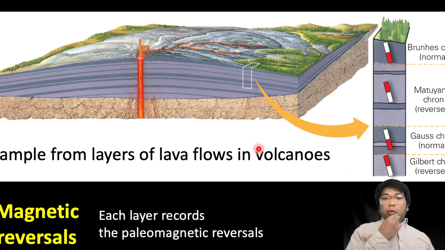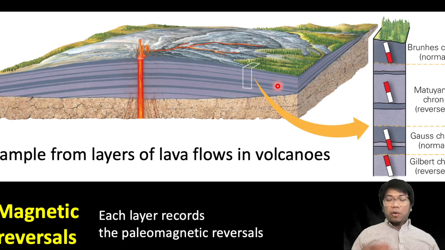A nice example would be from layers of lava flows in volcanoes, because volcanoes constantly put new lava flows and new magmatic material out there to the surface, so we can actually go out there and sample these rocks.